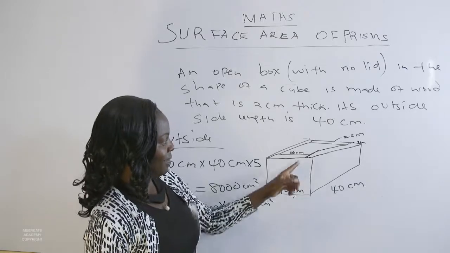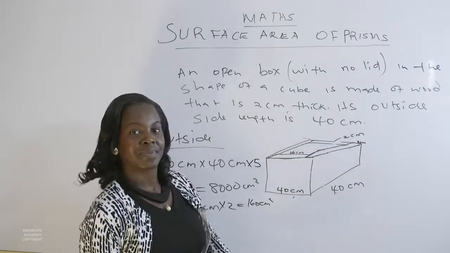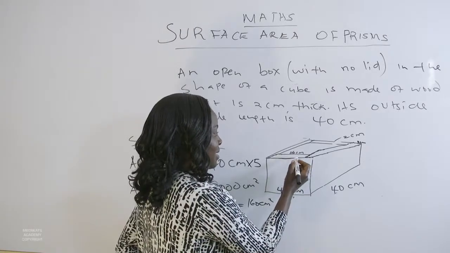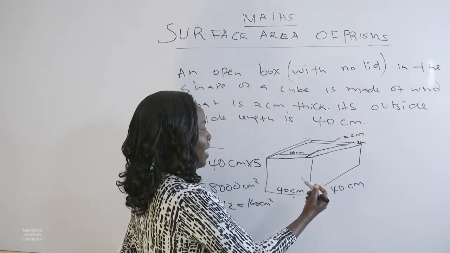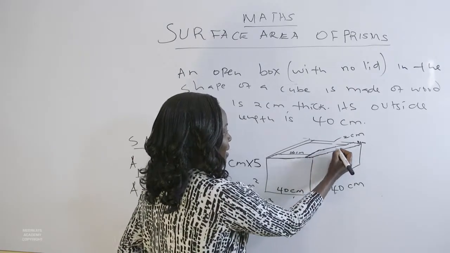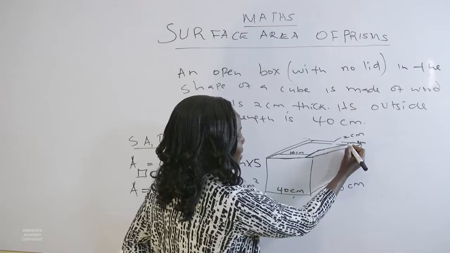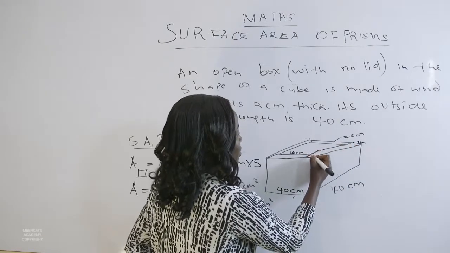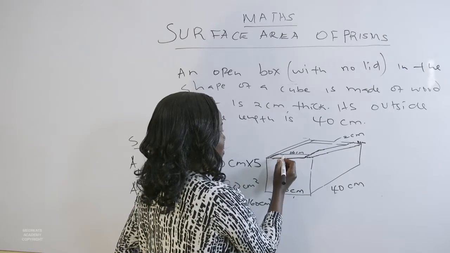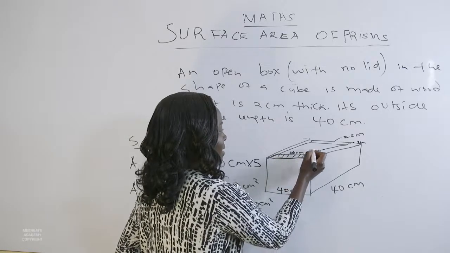What about the other length? So this is 36, and then it is also from here all the way here, because we have this one. I'm talking about this and this.